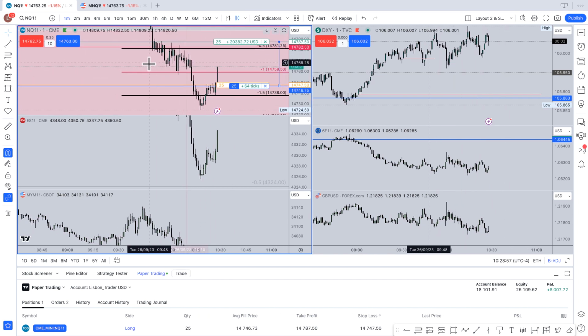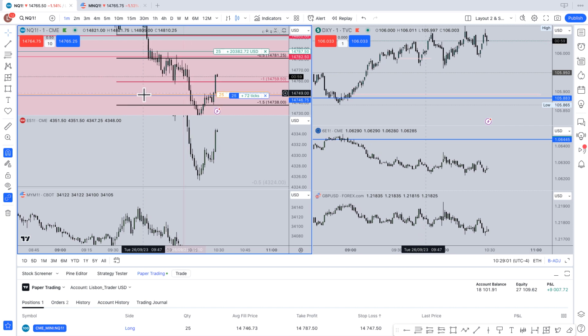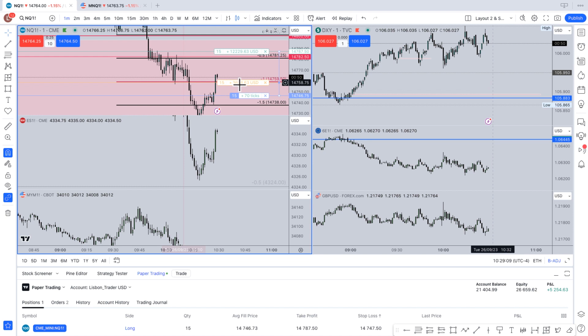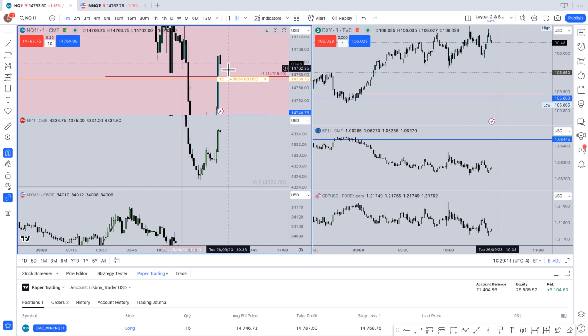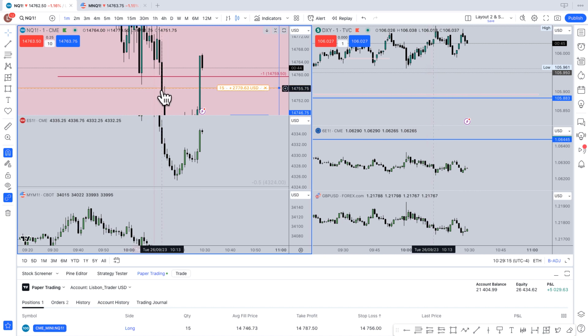Needs to reach at least above. Oh, let's buy when it goes down. Below this week. There. Stop around here.